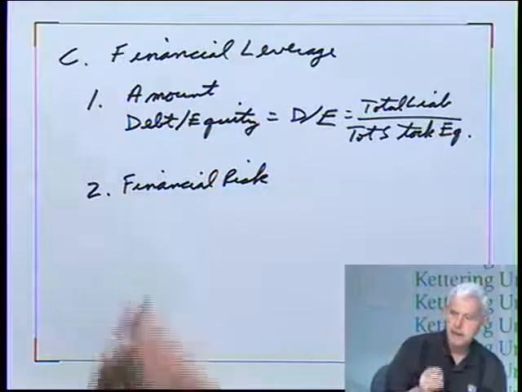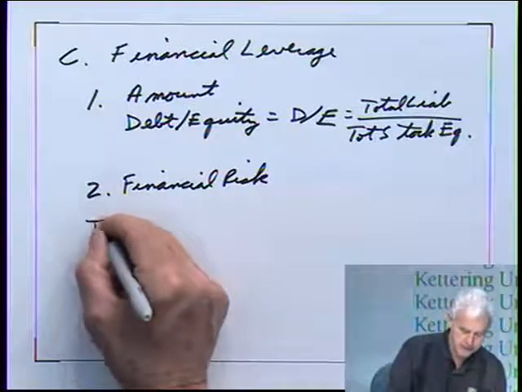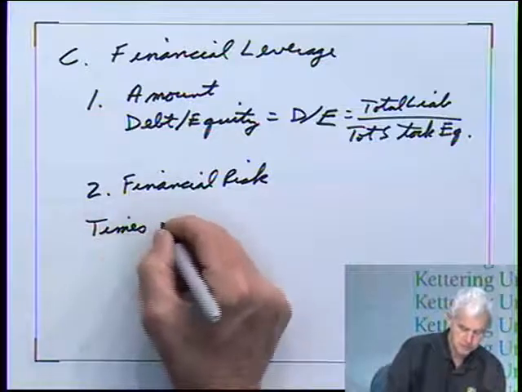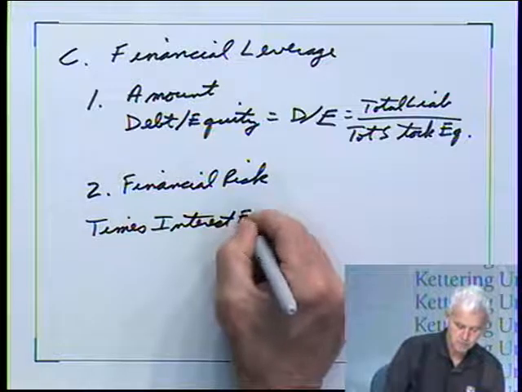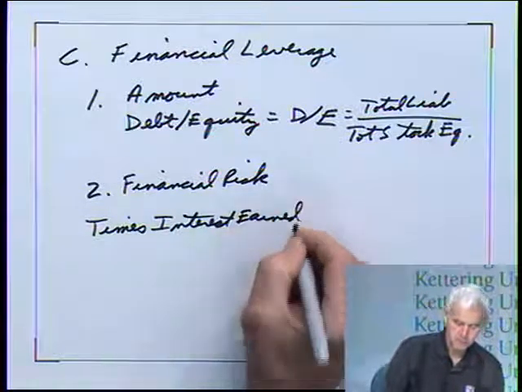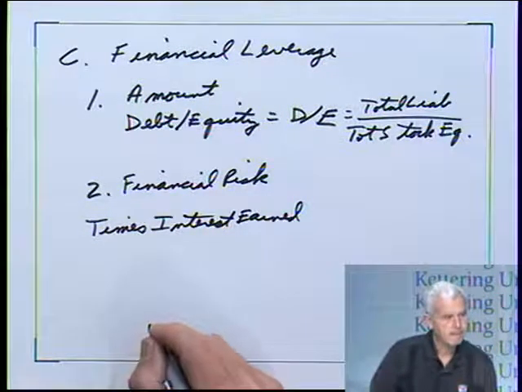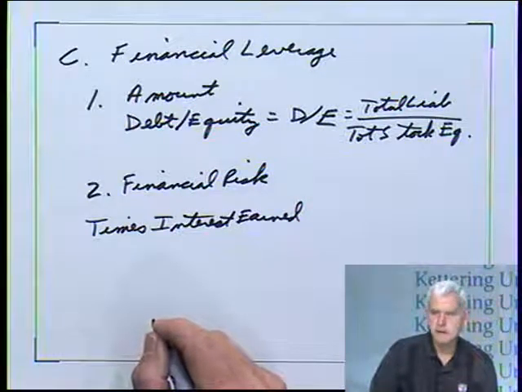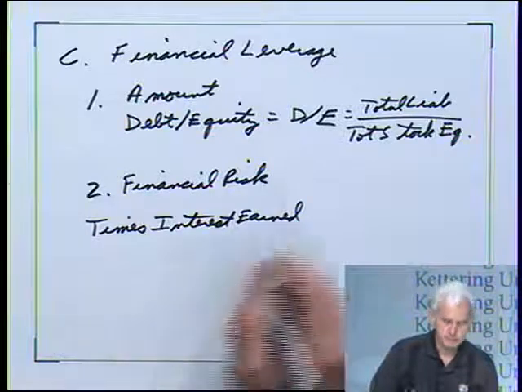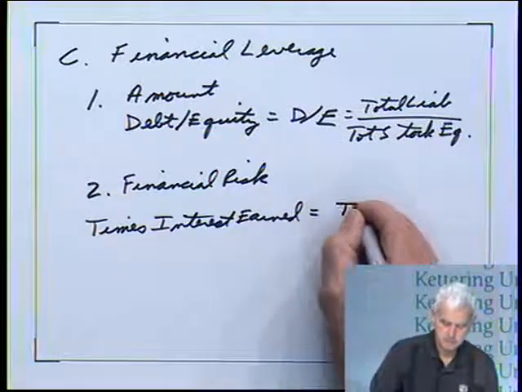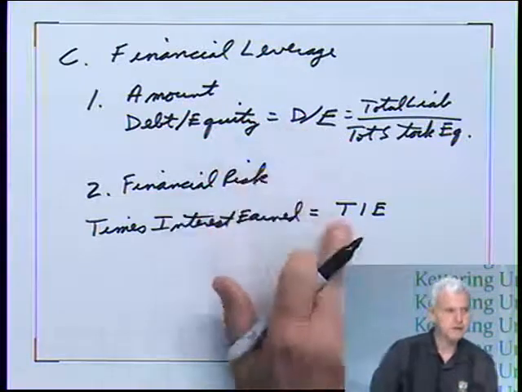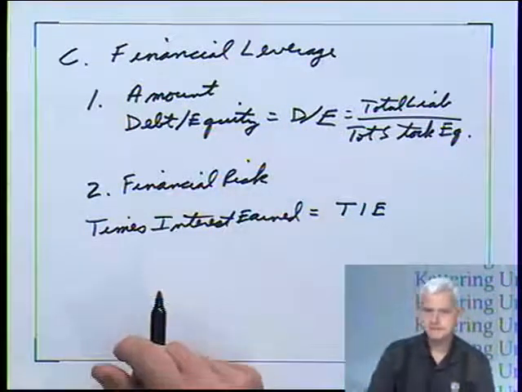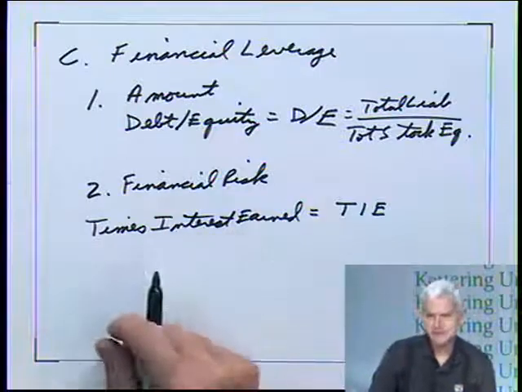The way that that is done is called the times interest earned. If we make that an acronym, what do we end up with? TIE. So we have the DIE and the TIE. Okay, that's where they come from.